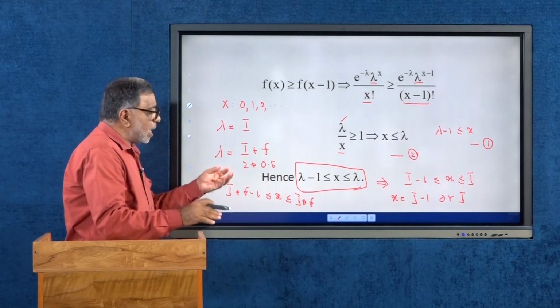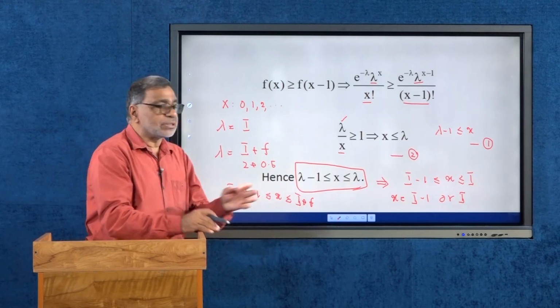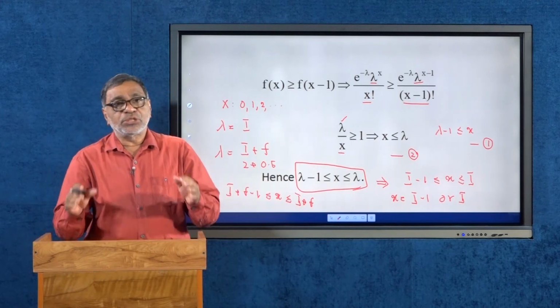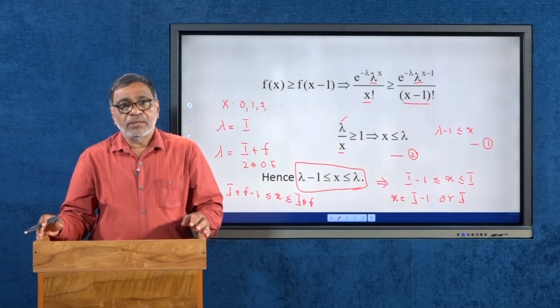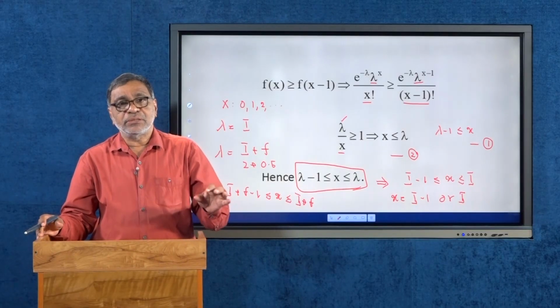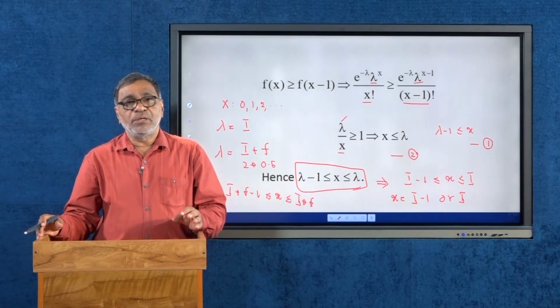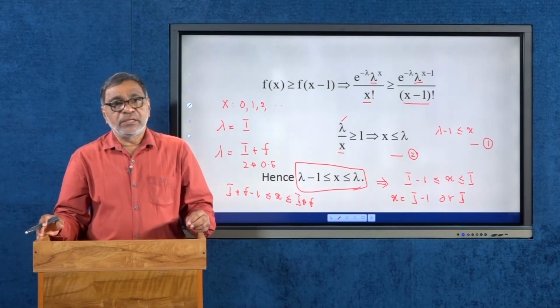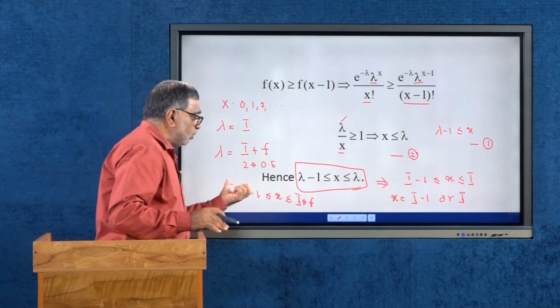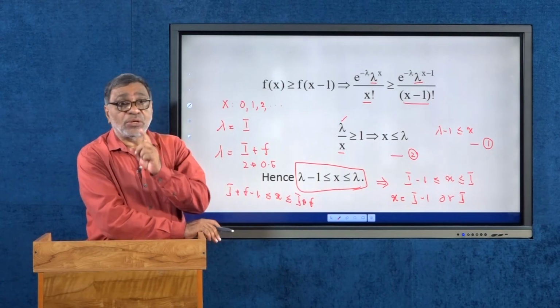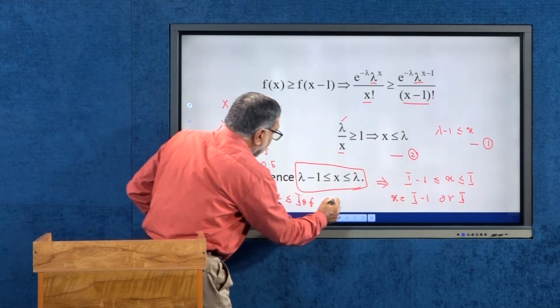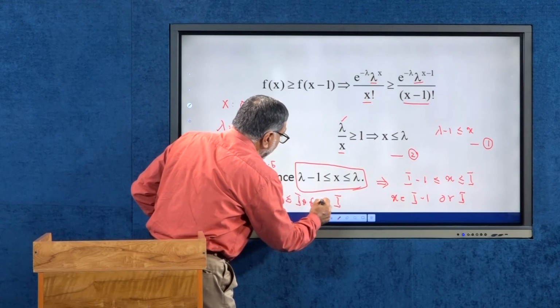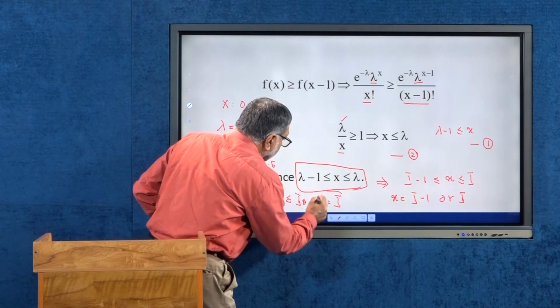So, in between I plus f minus 1 and I plus f, what are the possible values of x? Here also note that x is a Poisson random variable, and so has only integral values. So, in between these two quantities, there exists only one integral value, that is I, the integral part of lambda.